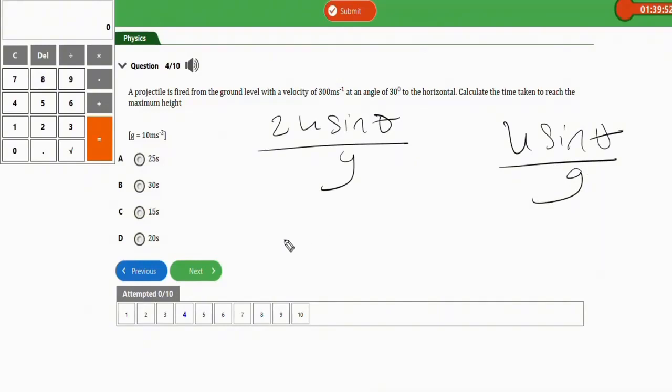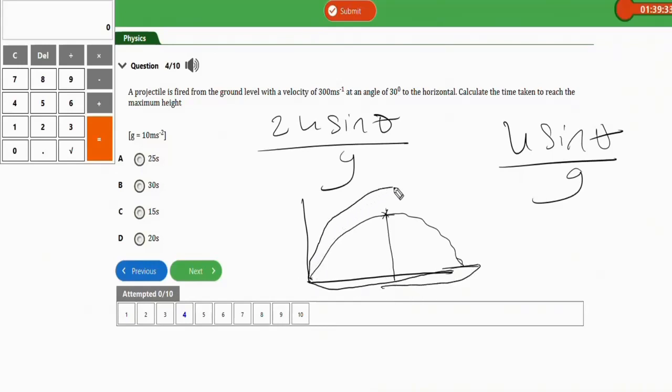Alright, let me illustrate. Let's say this is a projectile motion. It's just a sketch. This place is the maximum height. The movement from here to here is the time of projection.